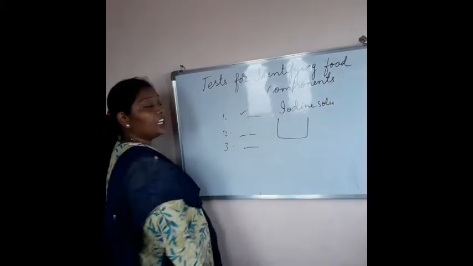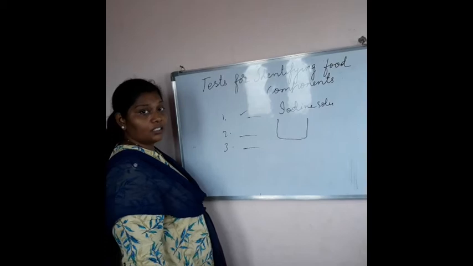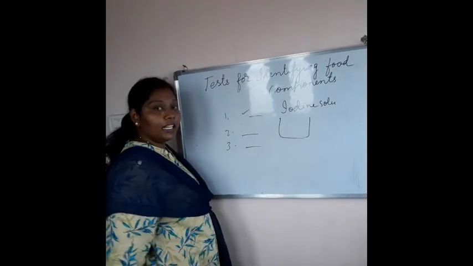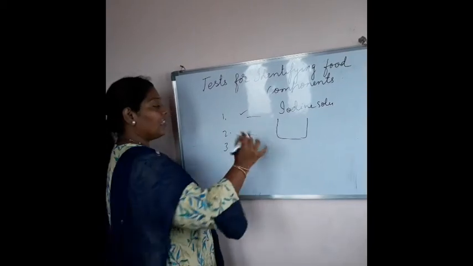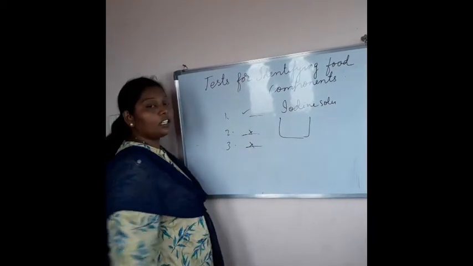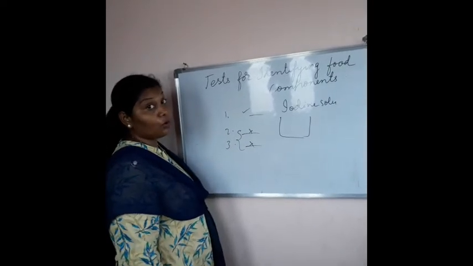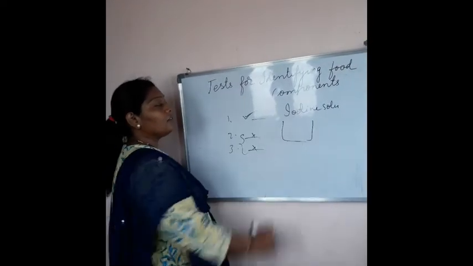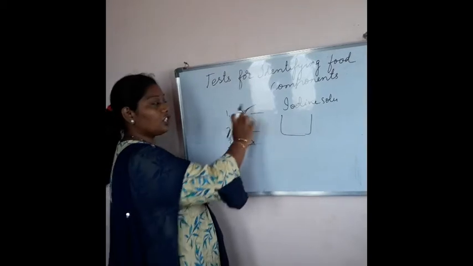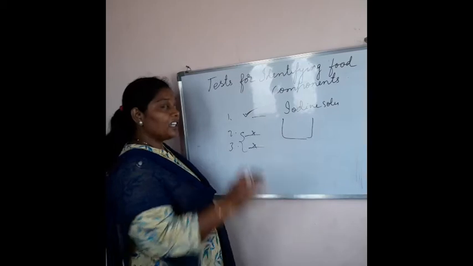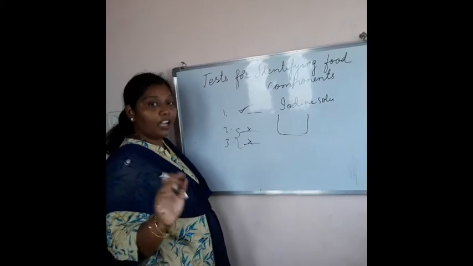Which food material will give you the dark blue or black color? That material only contains carbohydrate. And the remaining, if these two are not giving the color, then these two are not starchy materials or carbohydrates. Only the food material which gives the dark blue or black color contains carbohydrate.